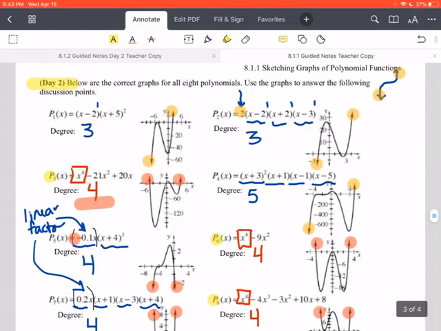So P4 is, yep, it starts below the x-axis, but then it kisses at the first x-intercept of -3, and then it comes back and crosses our x-axis at our next intercept, and then from there we're going to alternate.